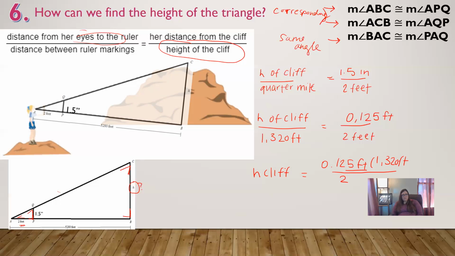So your height of your cliff equals 82.5 feet. So right here is 82.5 feet. All right.